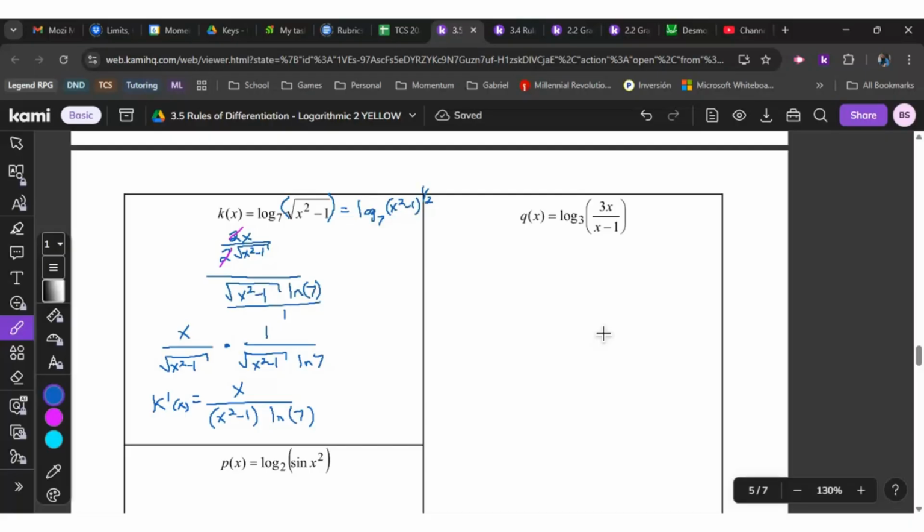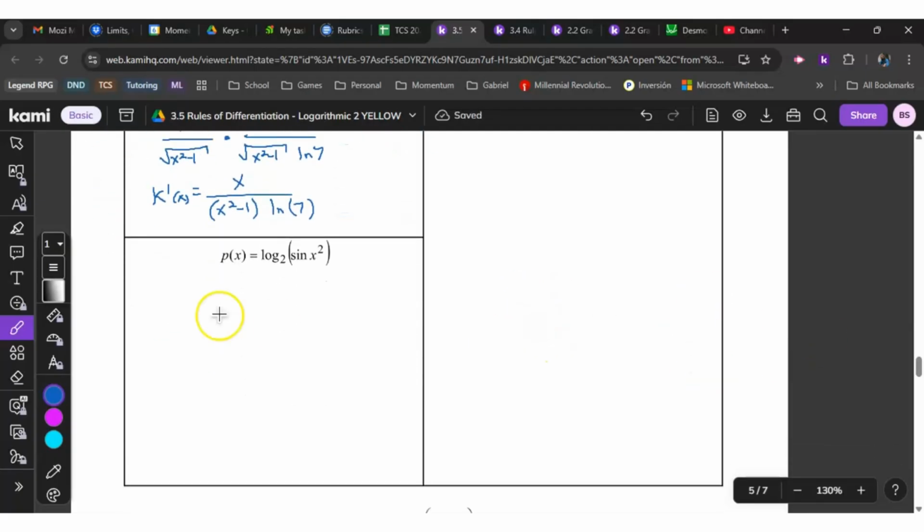So instead, you could write it out as 1/2 times x squared minus 1 to the negative 1/2 times 2x, the derivative of it, and then crunch it all together. So if this is easier for you, do it that way. I do it all at once, but you don't have to. If it's easier for you to write step by step, then move this to the bottom and cancel out the 2's, you're going to get the same answer. This is more steps, but easier.